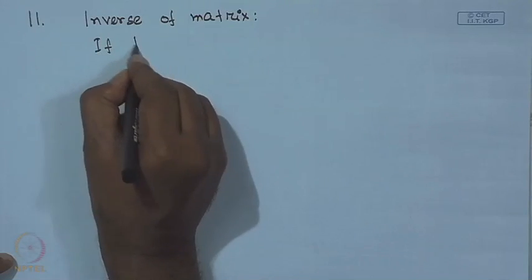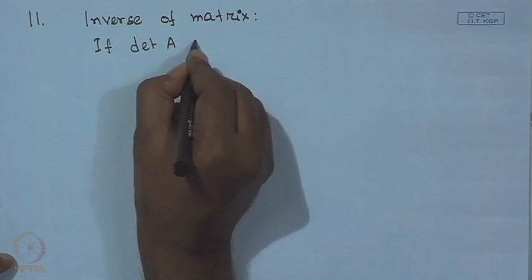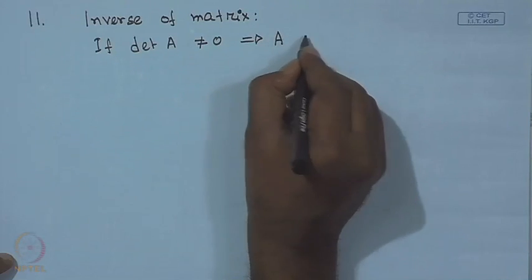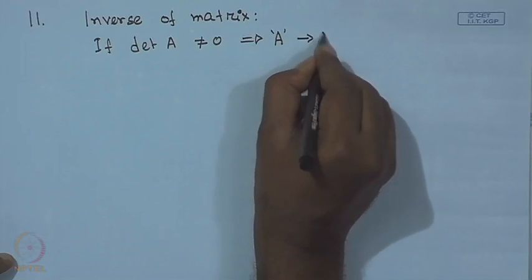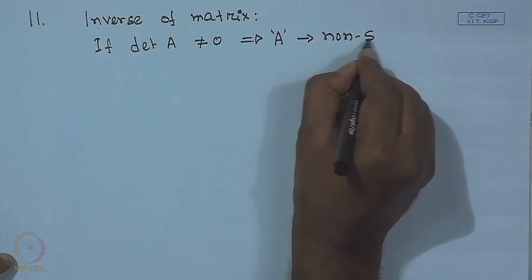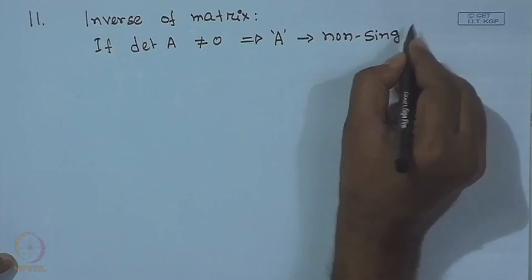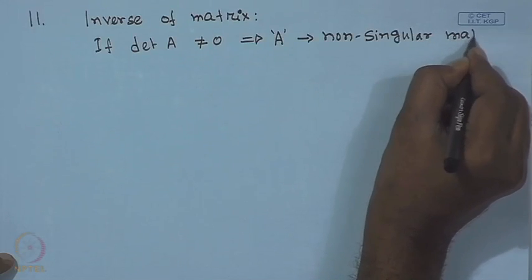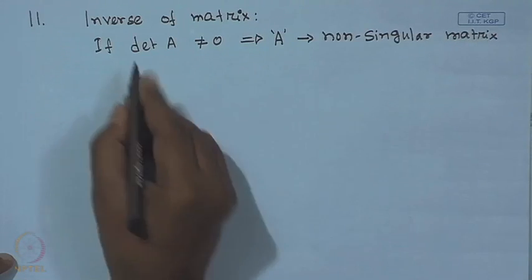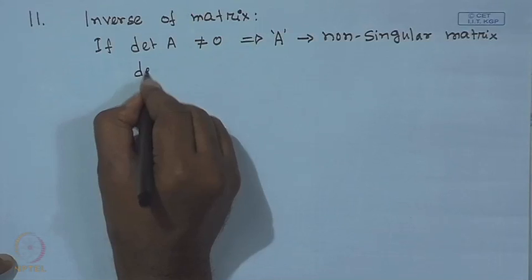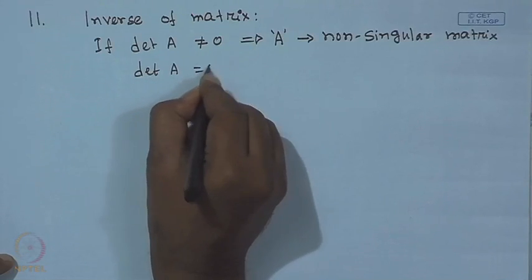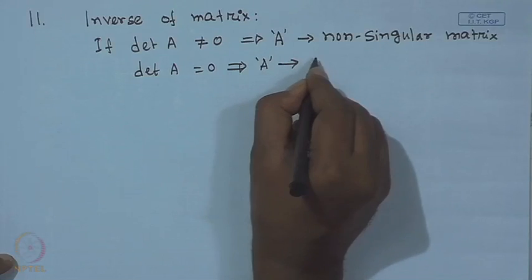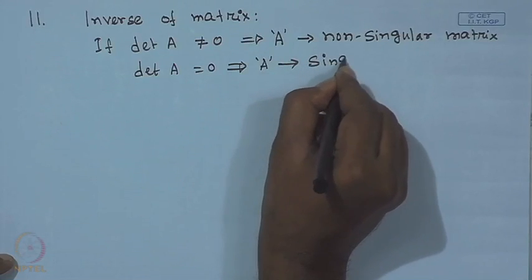If the determinant of a matrix A is not equal to 0, then A is called a non-singular matrix. If the determinant of matrix A is equal to 0, then A is called a singular matrix.